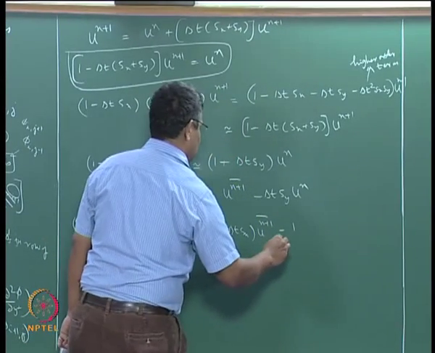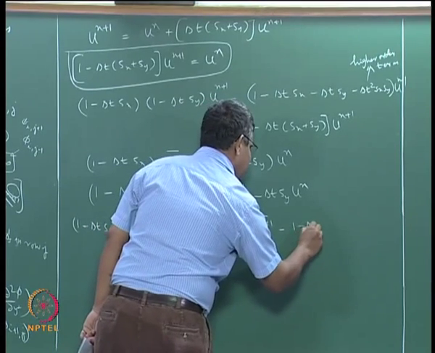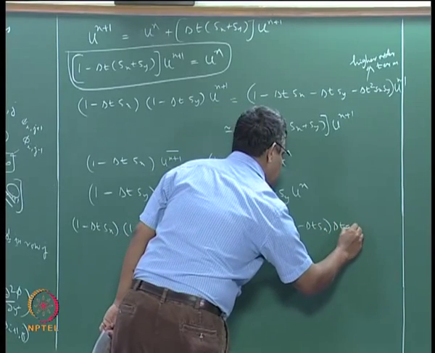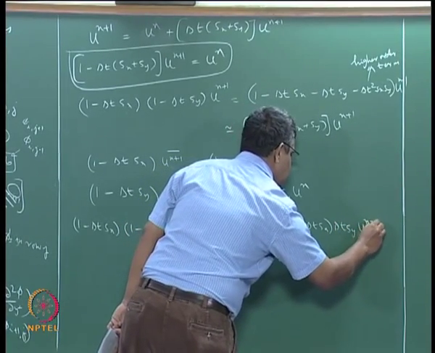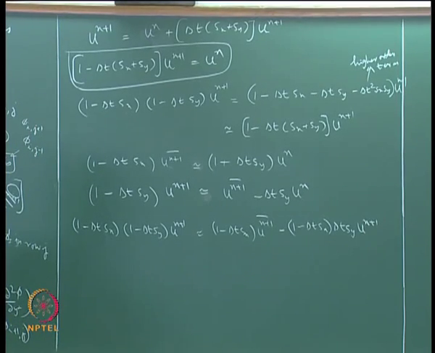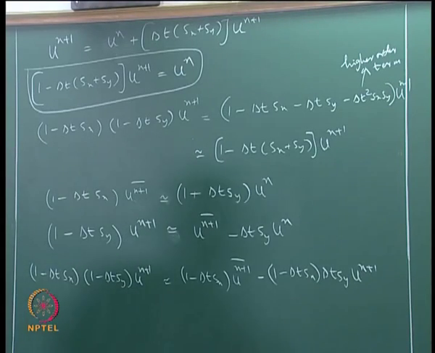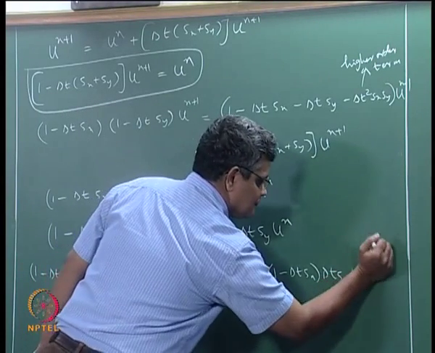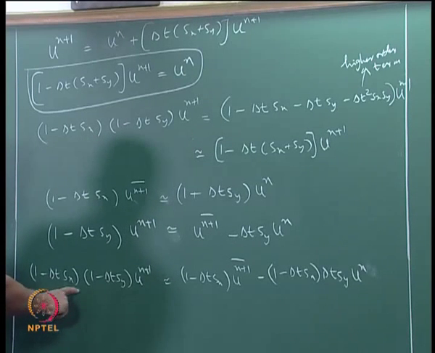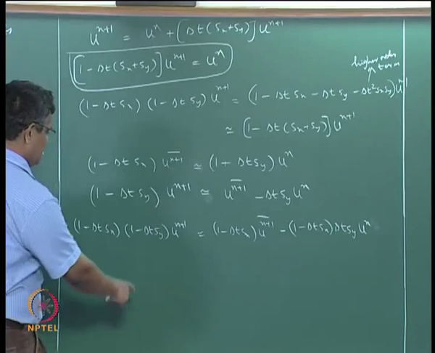minus 1 minus delta t Sx u n. So if we do this, then we know that 1 minus delta t Sx and this is equal to this one here.